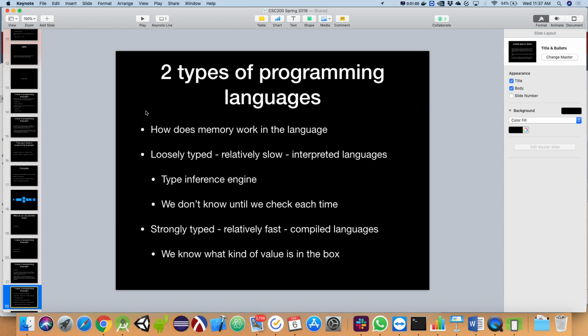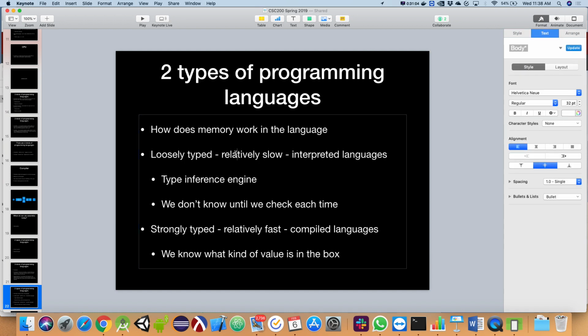In a loosely typed language, these guys are relatively slow. Very, very similar to interpreted languages. In fact, I can't even come up with an example where it's not the case, but let's just say nearly all loosely typed languages are also interpreted languages.